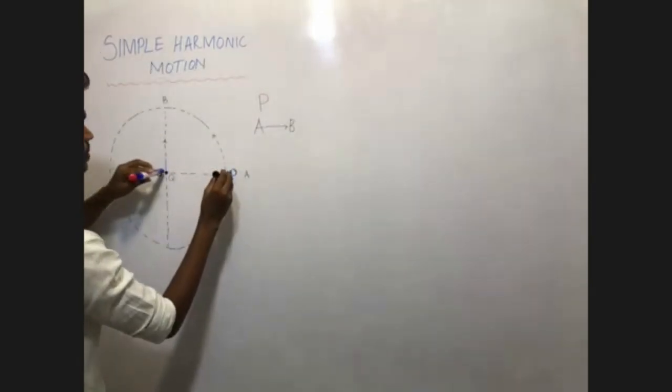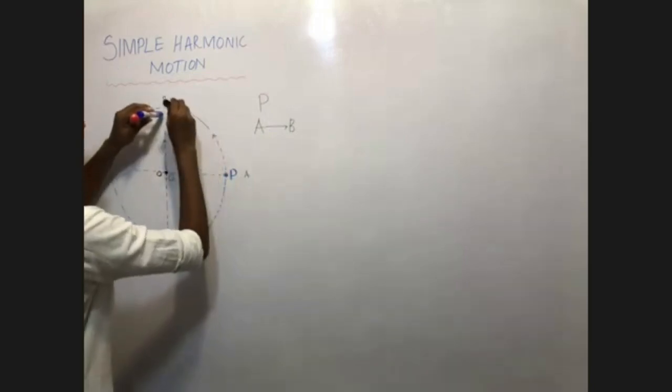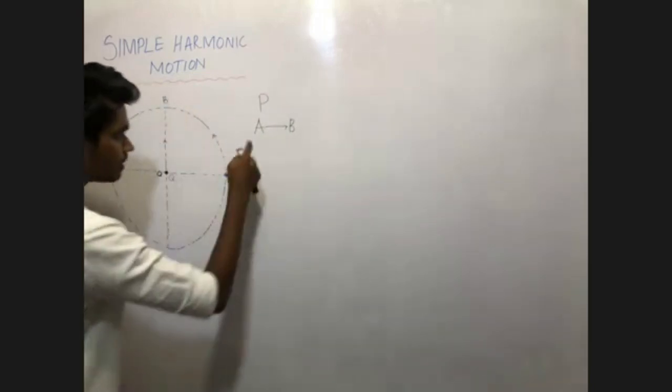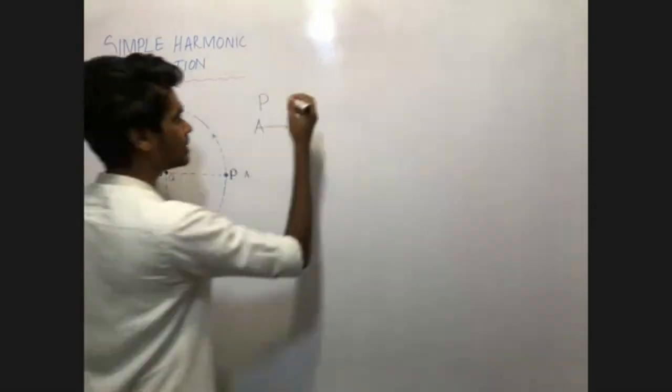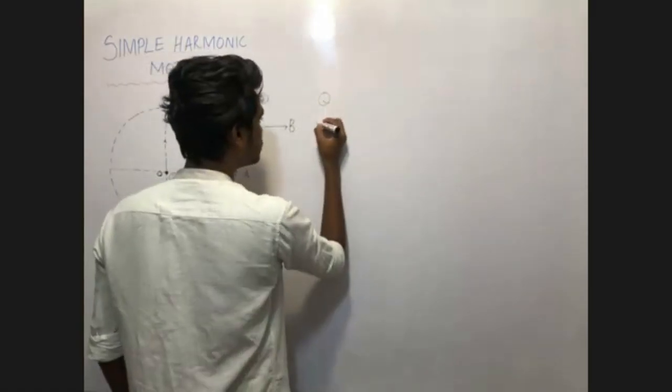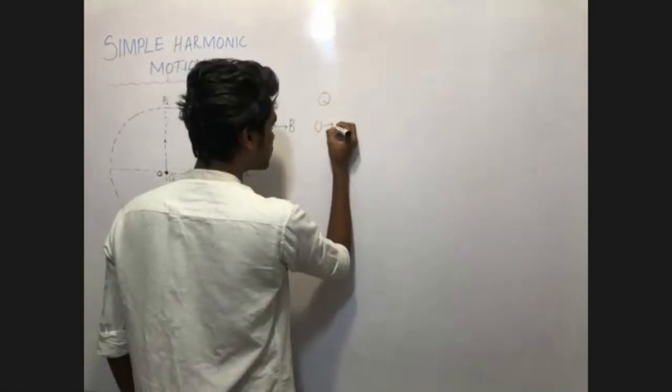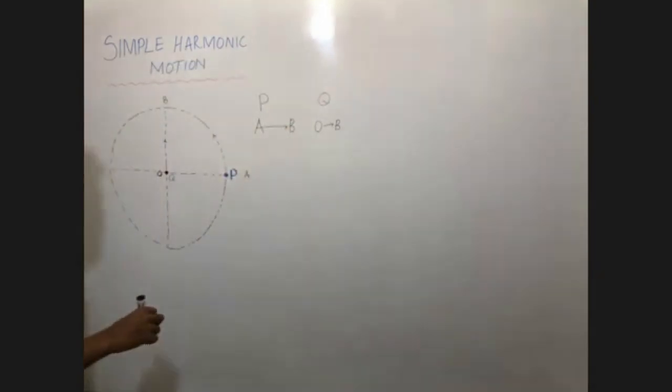This is P, this is Q. When P moves from A to B, the particle Q moves from O to B.